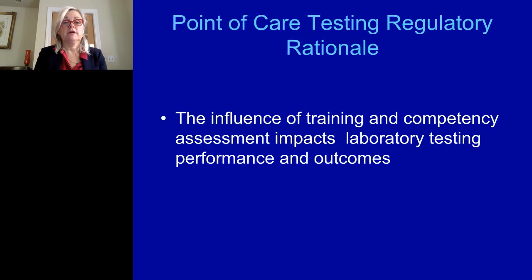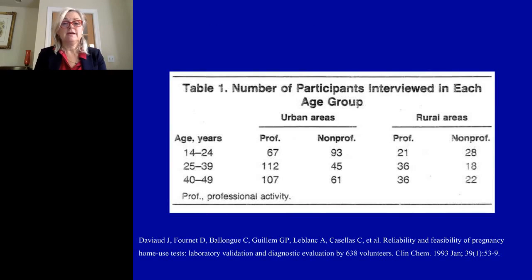And yet our testing rationale in the point of care arena is that the influence of training and competency assessment really impacts laboratory testing more generally, both the performance and the outcome. So I would like to cite this study that was done of over 600 laywomen who are doing home kit pregnancy testing, and what it showed about home testing and some of the perils.